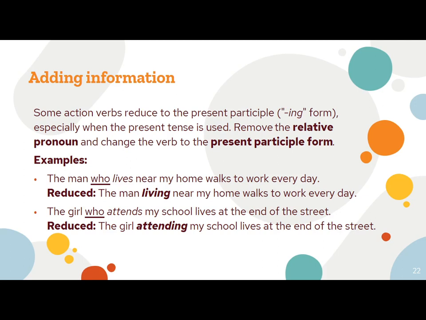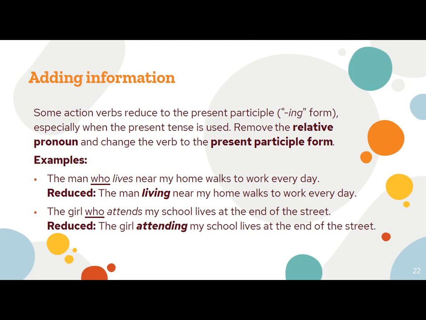What are we going to do here? We're going to remove the relative pronoun, and then we're going to change the verb to the present participle form. If I have the sentence as in the first one, the man who lives near my home walks to work every day.